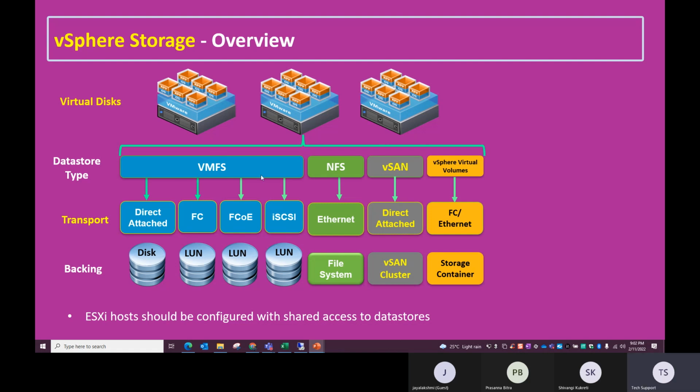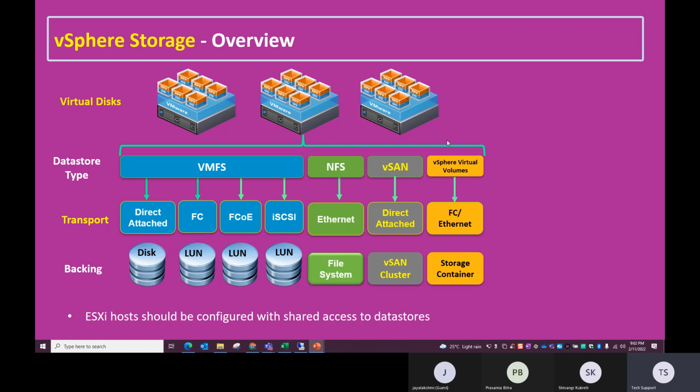And once we are familiar with the first three datastores, finally we observe the vSphere Virtual Volumes. As I mentioned, vSphere Virtual Volumes requires a storage container. This storage container can be FC SAN, iSCSI SAN, or FCoE SAN. Any type of storage you can configure with these protocols, FC or Ethernet protocol.